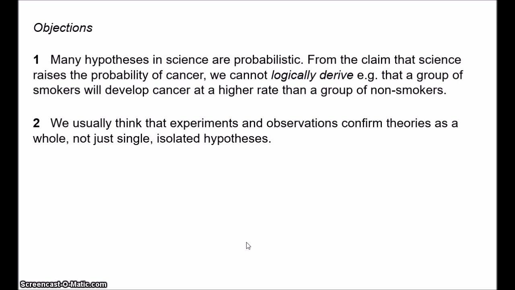Well, it wasn't just that was confirmed. It was general relativity as a whole that was confirmed. Now, it seems that the hypothetico-deductive method views theories not as unified wholes, but as aggregate collections of very specific localized hypotheses. We might worry that this isn't how scientists actually think about their theories.